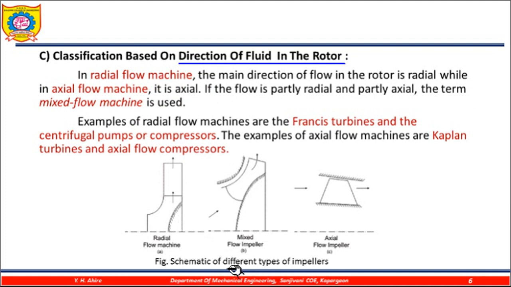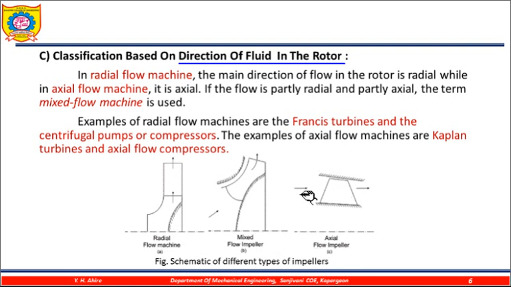Here you can see the schematic of different types of impellers. This first one, A, radial flow machine. So the flow of fluid in an impeller is purely radial along the radius, from inner periphery to outer periphery, and this horizontal line is the axis of the impeller. So this machine is called radial flow machine.